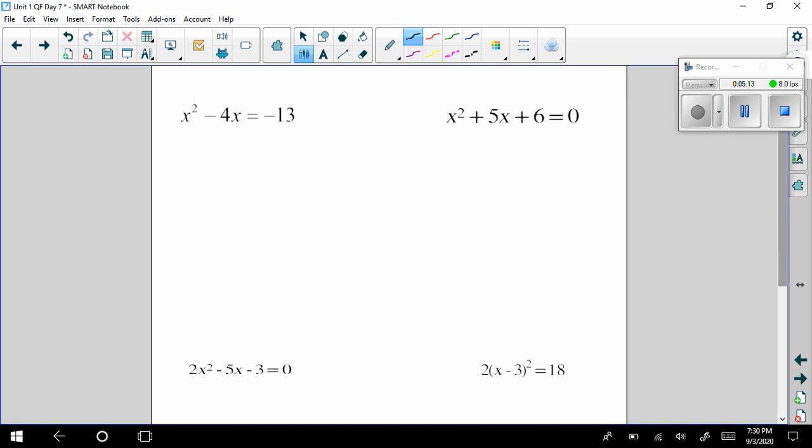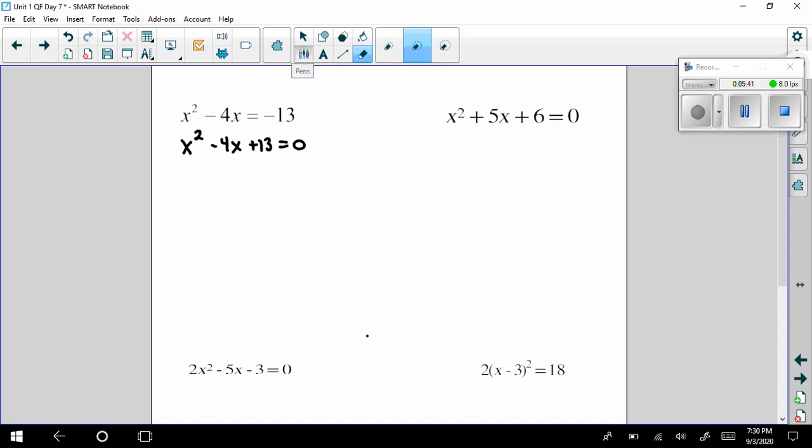Okay, so this one, remember I told you if you have all three terms, you need to set it equal to 0. So for this one, we have nothing that will multiply to 13 and add to -4. So we're going to have to apply the quadratic formula. Actually, I'll solve this one by completing the square for you.